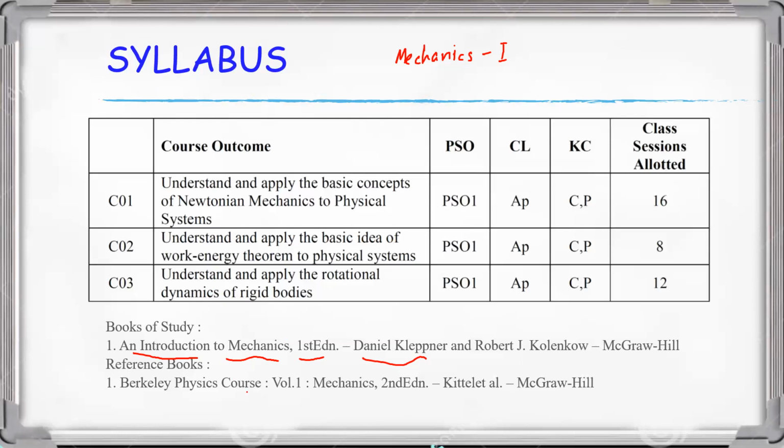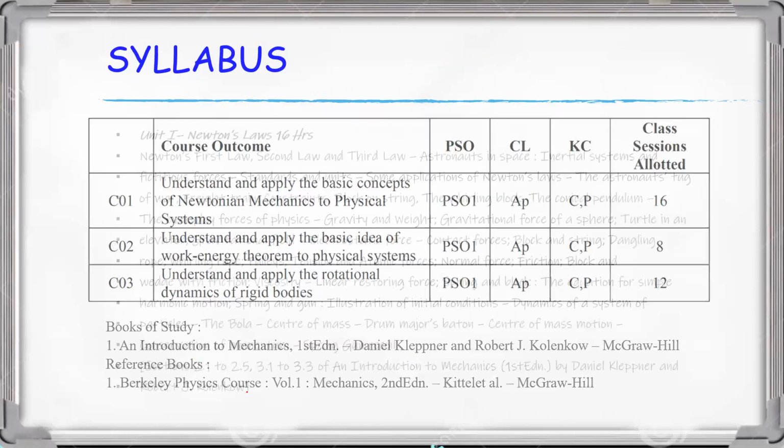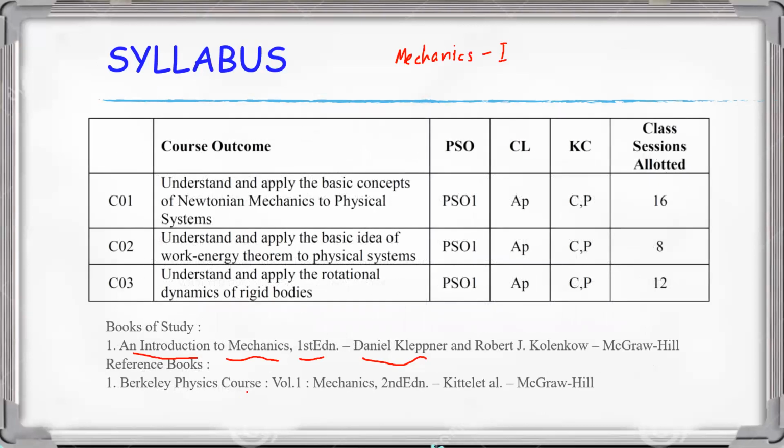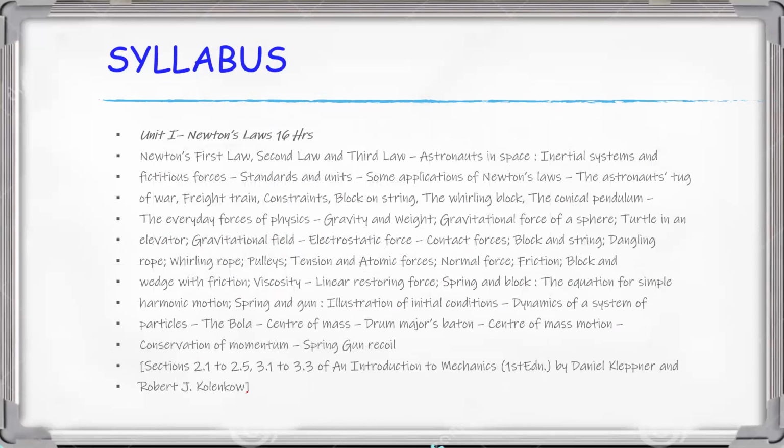Now we go to the details of the syllabus. The syllabus is classified into 3 units. Here there are 3 course outcomes, and each outcome is grouped into a unit. That is, the first unit is Newton's laws.